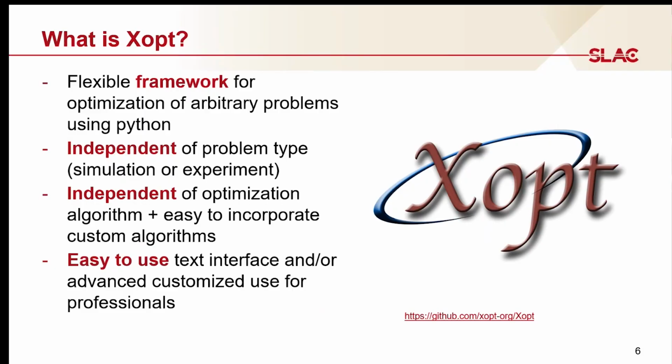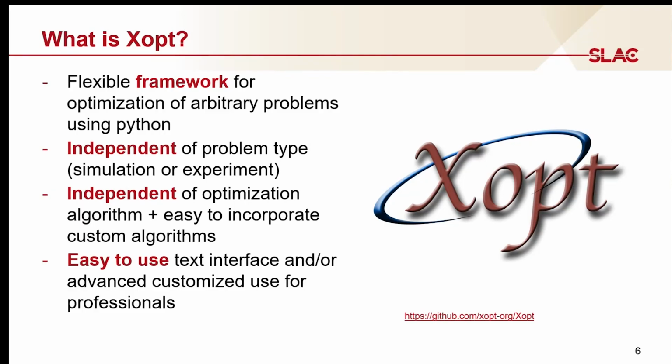The goal of the Xopt ecosystem and the Xopt package is to specify a framework that easily connects generic optimization algorithms to generic optimization problems. This framework is independent of the problem type, so if we have either a simulation or an experiment, we can use the same algorithm on both.